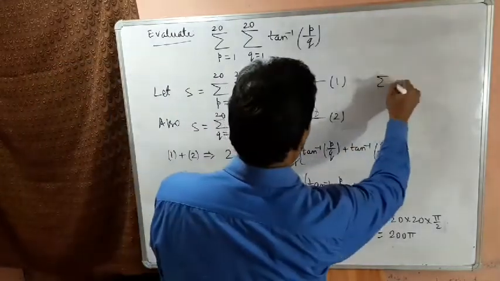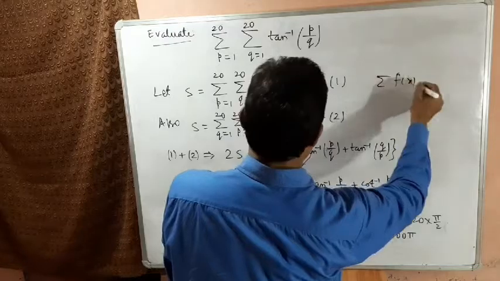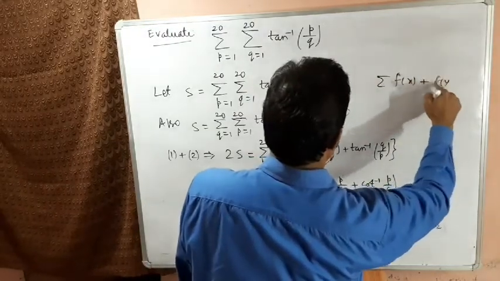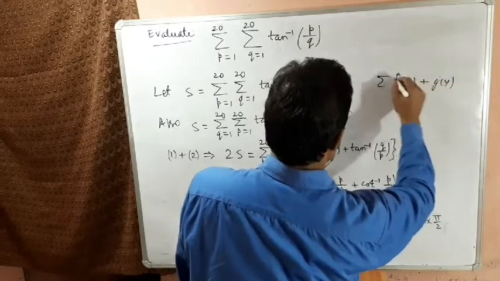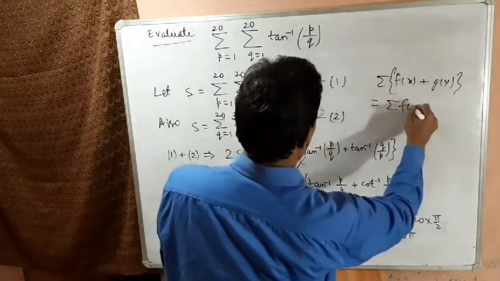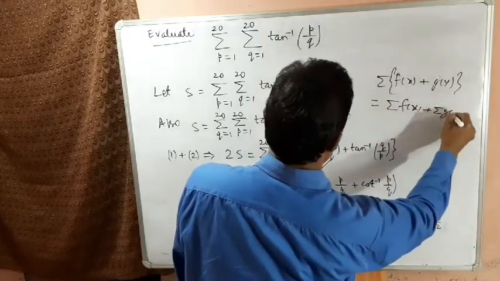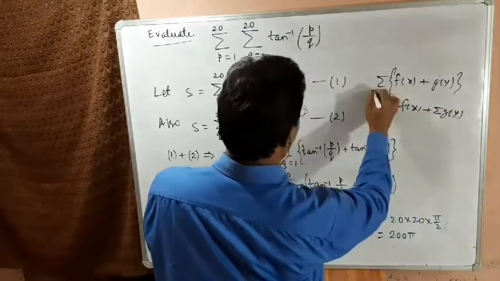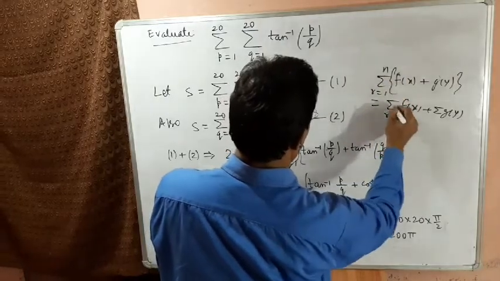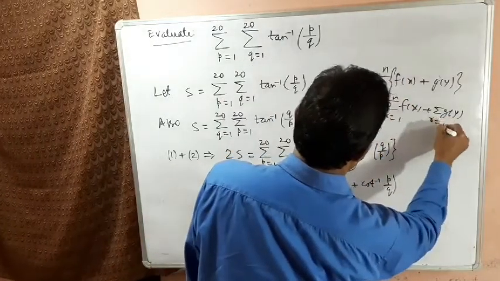We know sigma f(x) plus sigma g(y) can be written as sigma of f(x) plus g(y), provided the limits of sigma are the same, 1 to n.